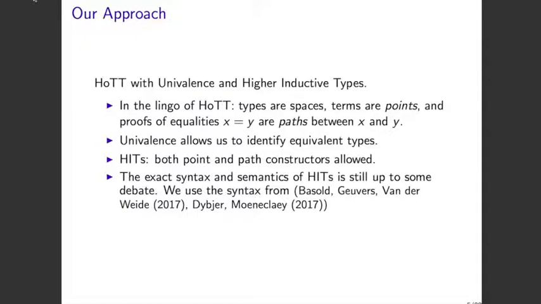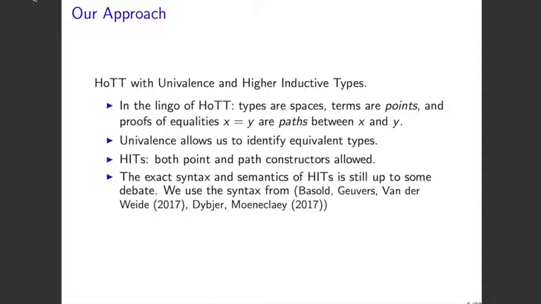From the point of view of homotopy type theory, if I can boil it down to some basic statements, we view types as topological spaces, we view terms as points in those spaces, and we view the proofs of equalities as paths between the terms. The univalence axiom allows us to identify two types if we can construct an equivalence between them. Another bit is higher inductive types.